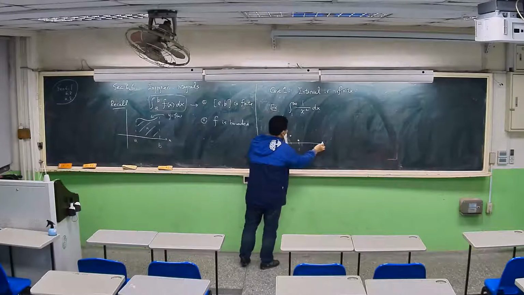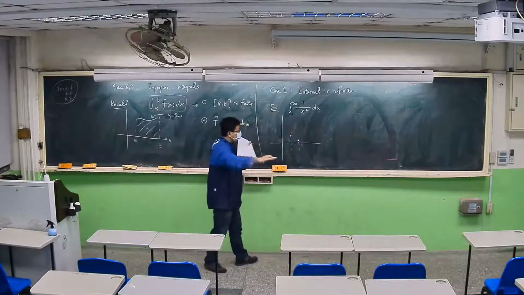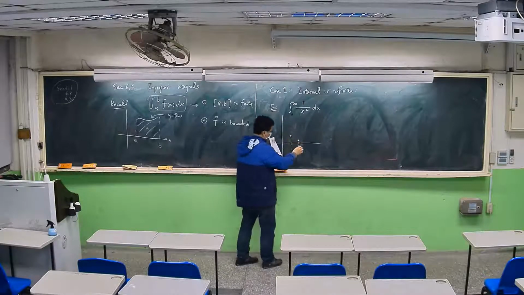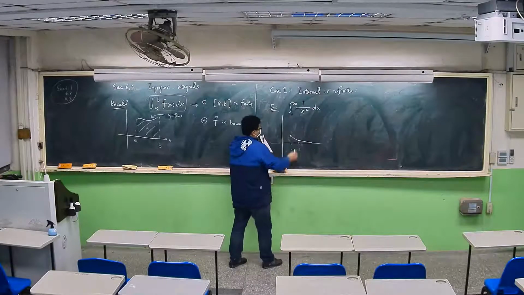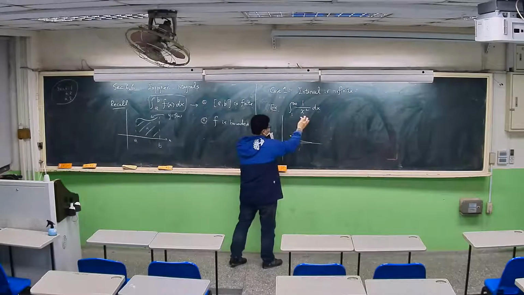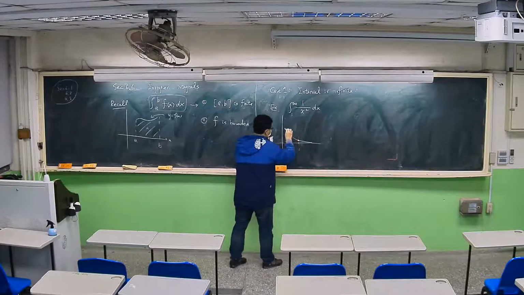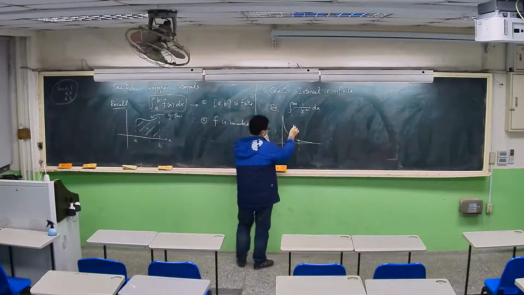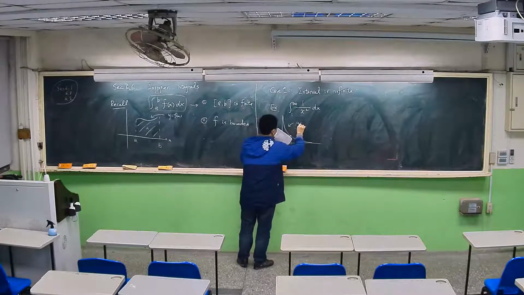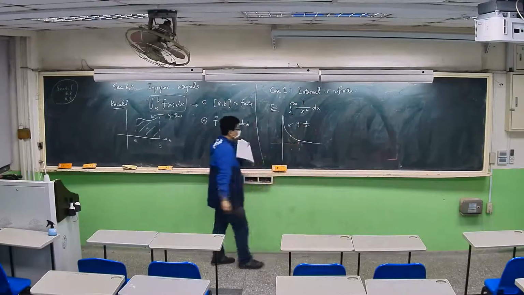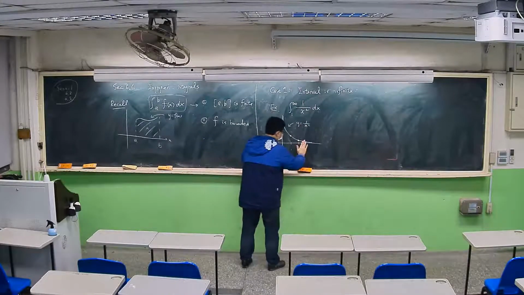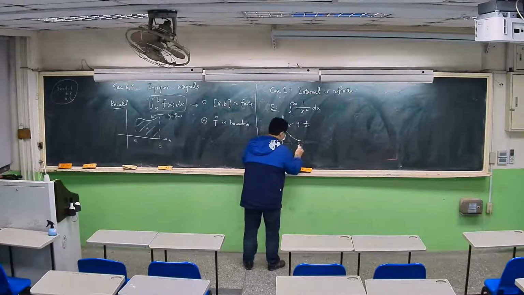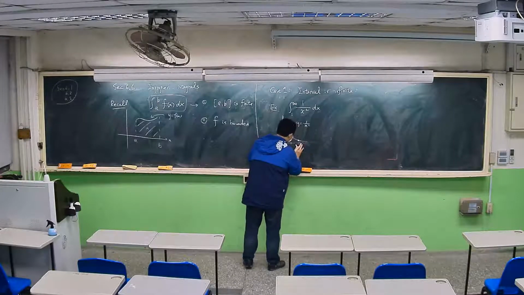When x approaches infinity, it approaches 1 over infinity, so it approaches 0. When x approaches 0, it approaches 1 over 0 squared, so it's infinity. So it's something like this. This is our function y equals 1 over x squared. Now we consider the integral in this part, we consider the area.